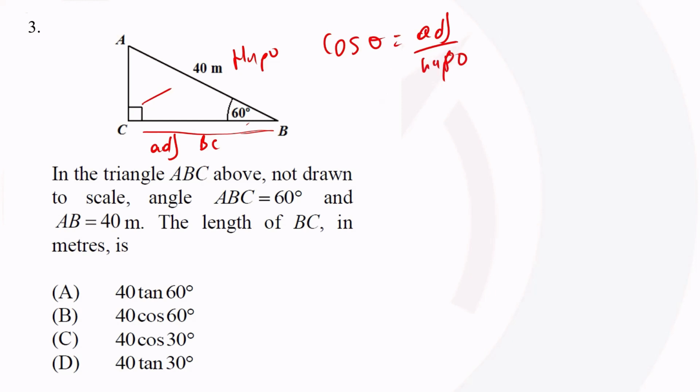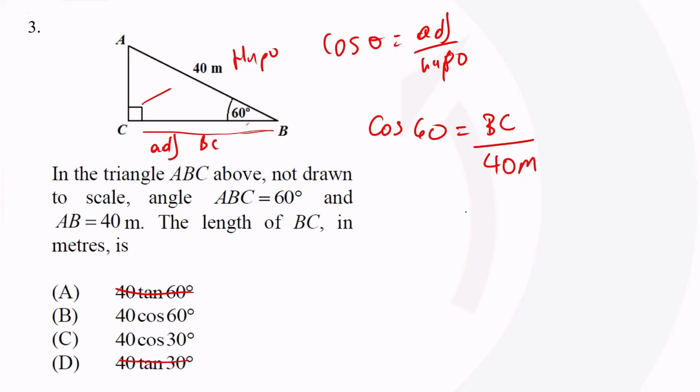Hence, we can automatically eliminate tan. It would be easy to eliminate options now without even working it out, because it would be cos 60 and not cos 30. But let's work it out. Cos 60 would be equal to the adjacent, which is BC, over the hypotenuse, which is 40.